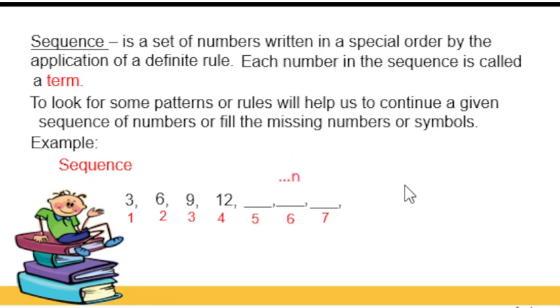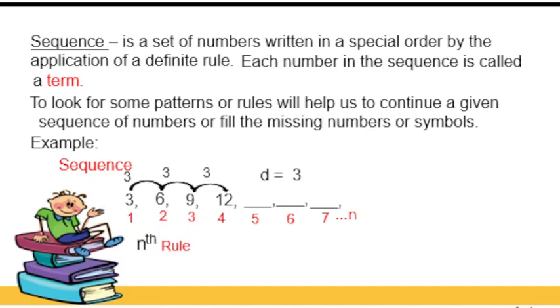So therefore, to write the nth rule, that is the 3, 3, and 3. And you will notice that the common difference is 3. And then the 1, 2, 3, 4, 5, 6 stand for the n.